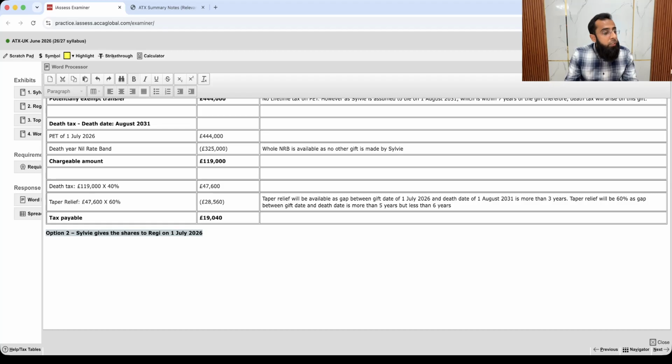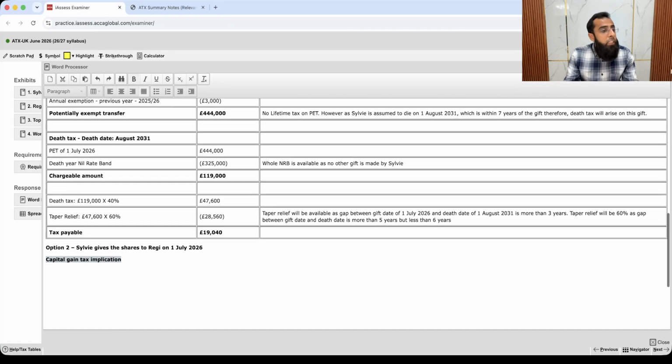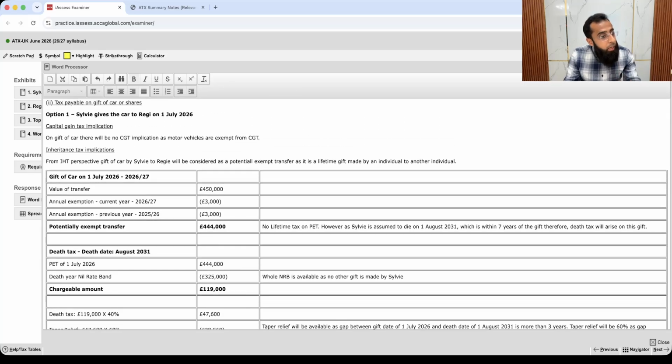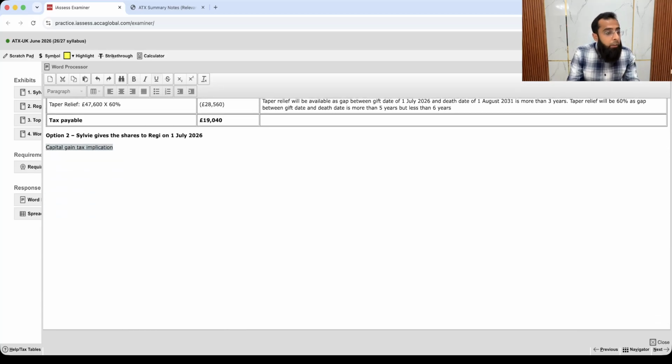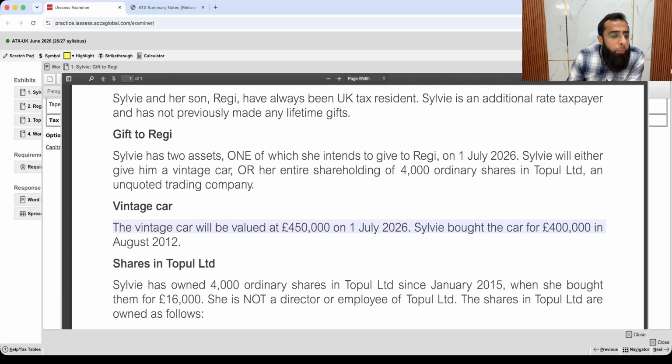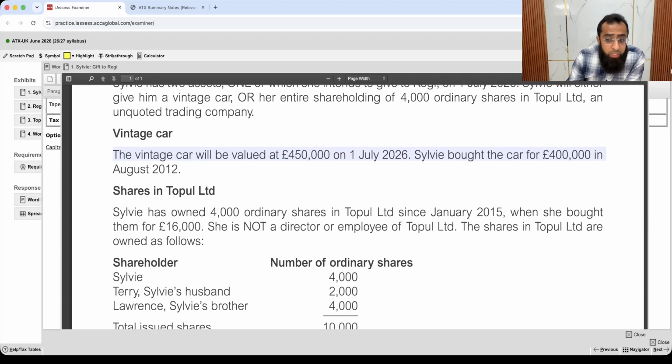If she gives shares, again, capital gain tax implication and then inheritance tax implication. From a CGT perspective, in the car also I did the same thing. Now I am doing it for shares. How many shares is she gifting? She's gifting 4,000 shares.